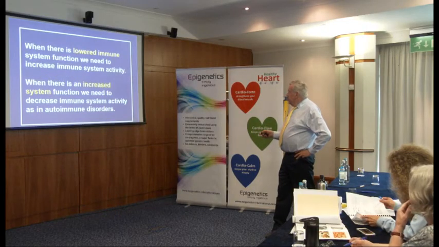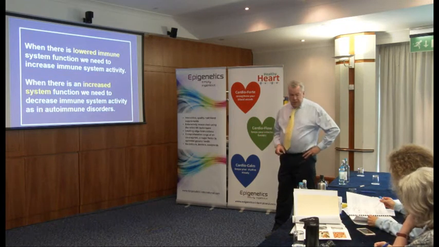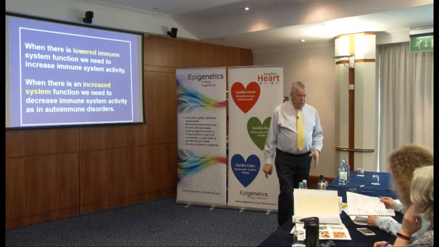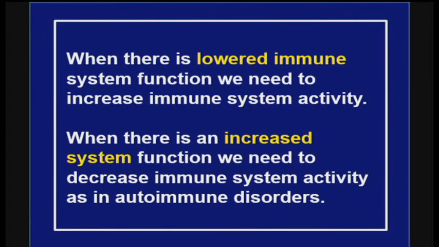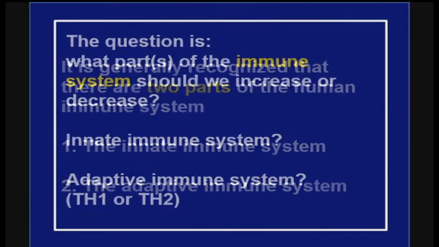When there's a lowered immune system function, we need to increase the immune system activity. Obviously here, if we've got a Th1 that's down, we need to increase it. When there's an increased system function, we need to decrease the immune response, as in an autoimmune disorder. It's generally recognised that there are two parts to the immune system, the innate and the adaptive.